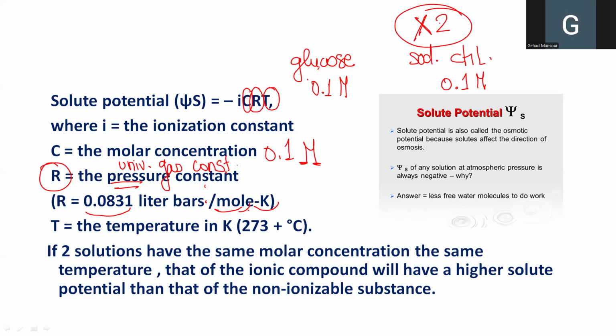This is multiplied by 2. Why? Because the ionization constant of sodium chloride is 2, as we have just explained, and that of glucose is 1.